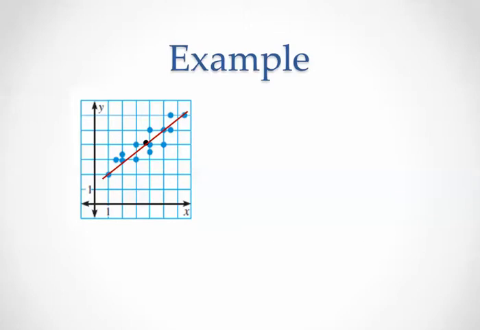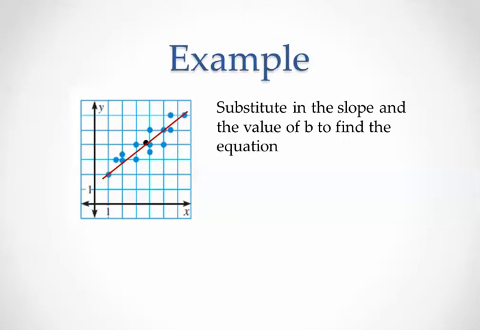So now that we've done that, all we got to do is write the actual equation of this line by substituting in the m, the slope that we found, and the b, the y-intercept value we just found, into the equation, and we'd have y equals 3/4 x plus 5/4, or 1 1/4, depending on how you wrote it out. So you can see all of these things that we're doing are all pieces of stuff we've already done this whole trimester. So we're going to put it all together in your homework tonight.